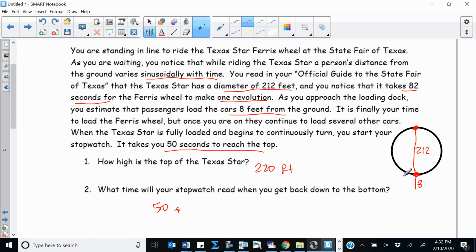The other half is because they are not loading any other people, they're moving with their normal speed, which is 82 seconds for one revolution. And this is half of the circle, or half of the revolution. So it's going to take 41 seconds. So to reach the low point here, it's going to take 50 plus 41, which is 91 seconds.